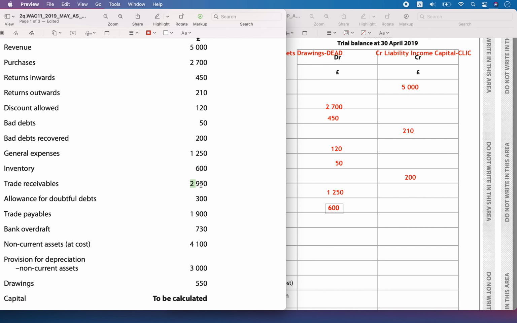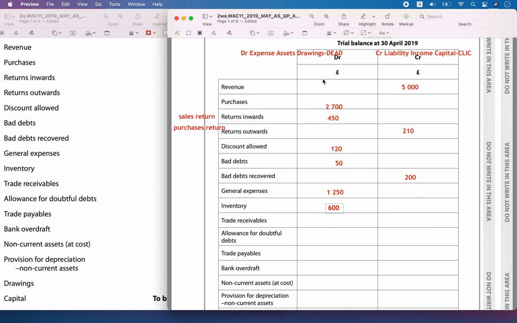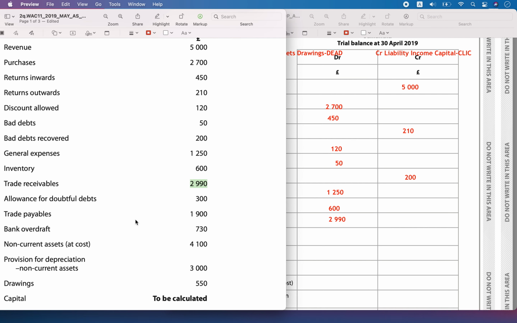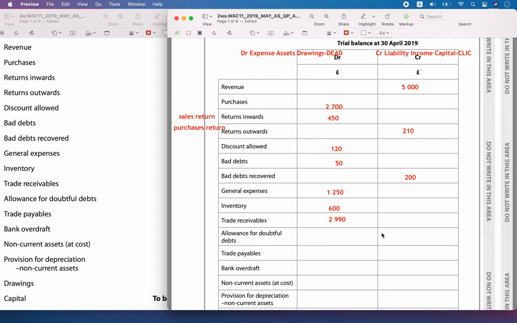Trade receivables are also current assets, so I am going to put it on the debit side. Then allowance for irrecoverable debts: any trade receivable less allowance for irrecoverable debts, so it's a provision, and you will put it on the opposite side. It's like an expense to the business which you are accounting.